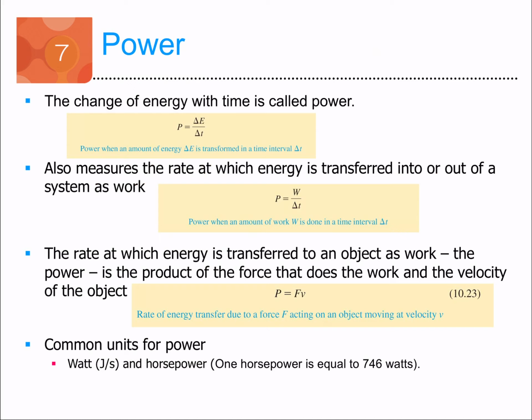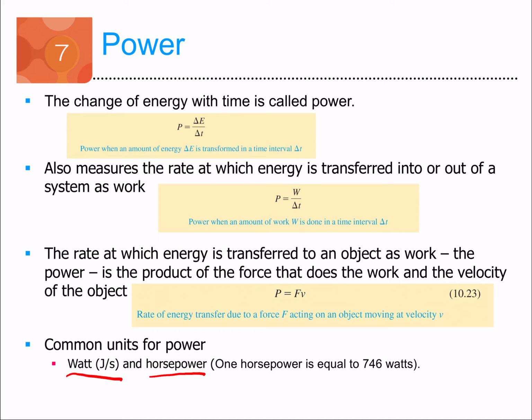Power is the product of the force that does the work and the velocity of the object, so power can also be calculated as F times v. The unit for power is the watt. A watt is a joule per second. In the English system, we use the horsepower. A horsepower equals 746 watts.